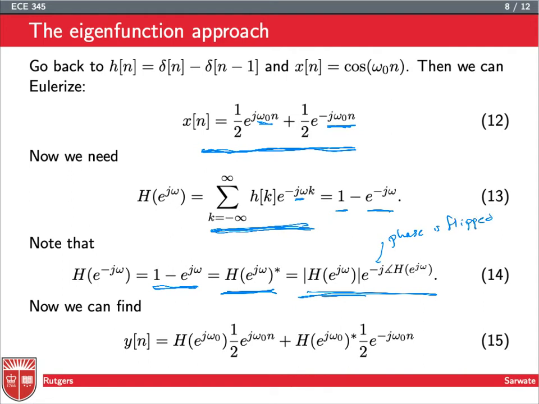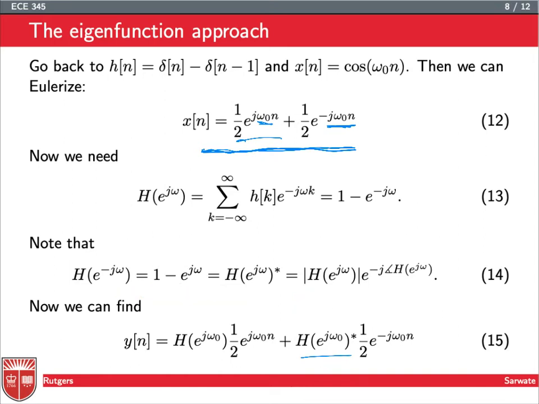This will help us simplify things in a bit. Now, using the eigenfunction property, the output y of n is h of e to the j omega times the first term up here, and then h of e to the j omega star, because of this relation here, times 1/2 e to the minus j omega n from up there.